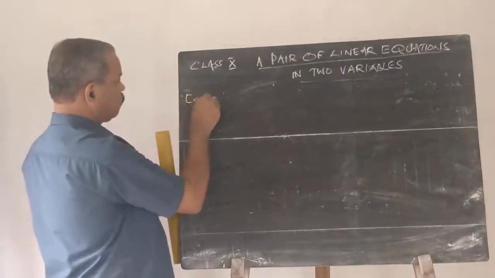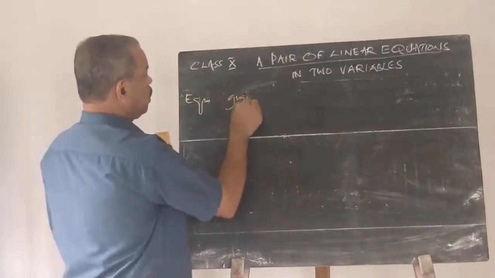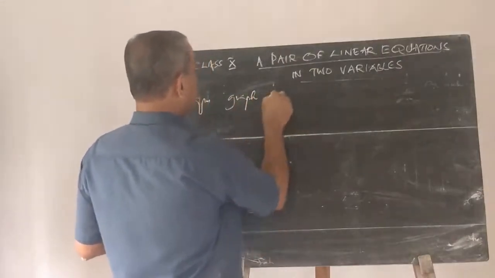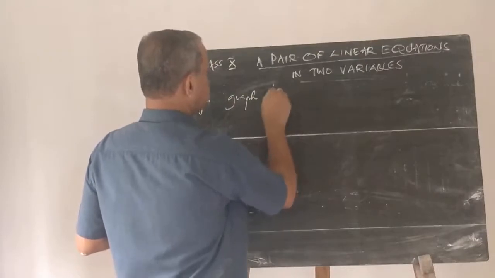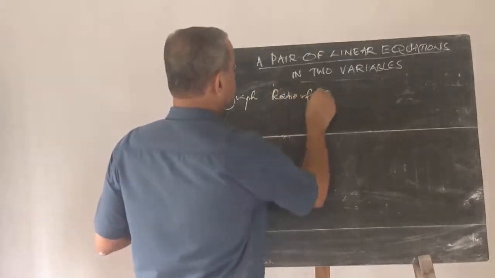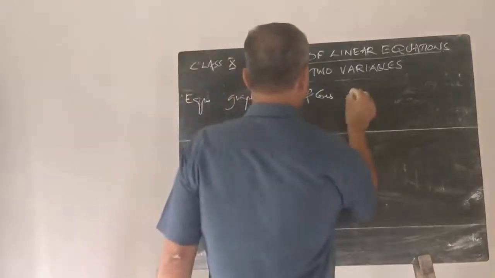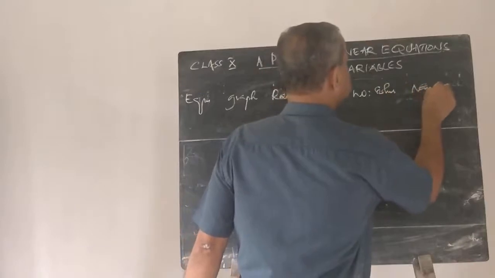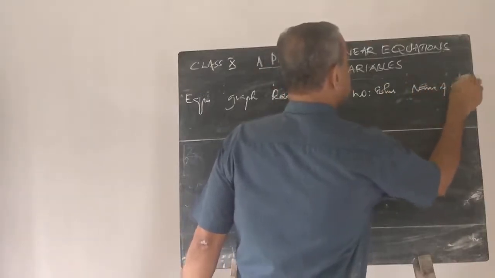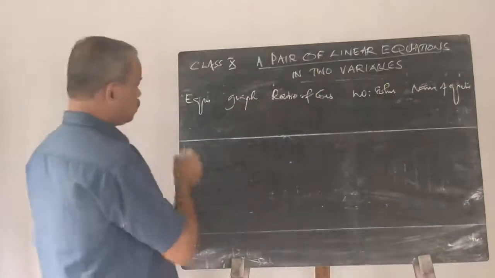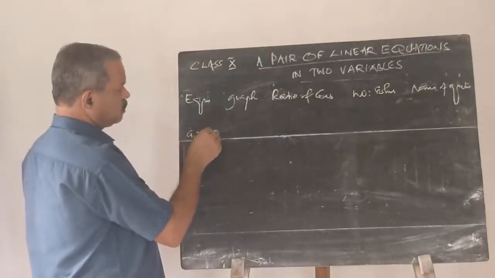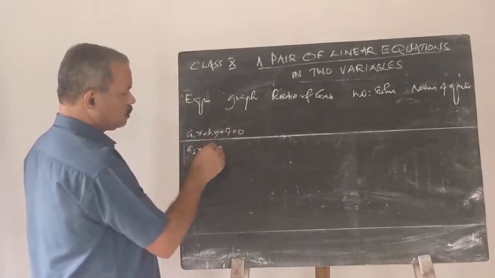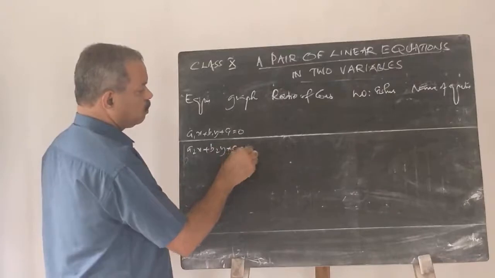Equations, graph, nature of ratio of coefficients, number of solutions, name of equations. General form: a1x plus b1y plus c1 equal to 0, a2x plus b2y plus c2 equal to 0.